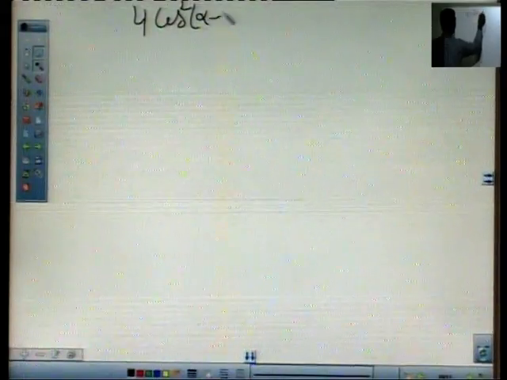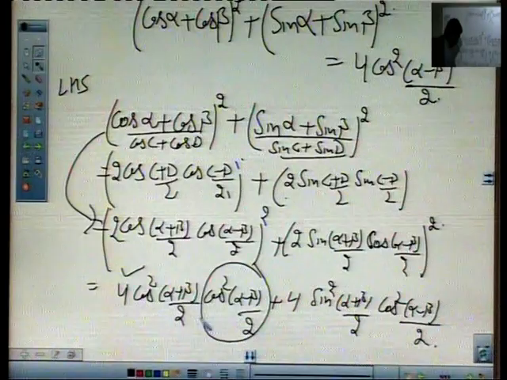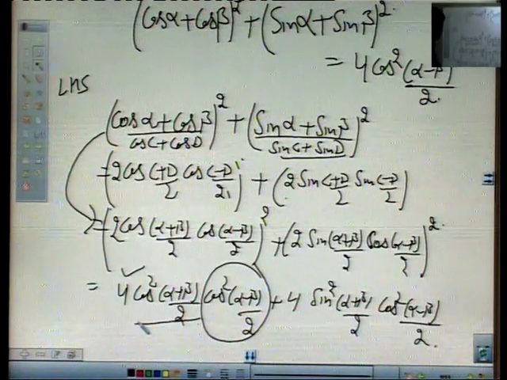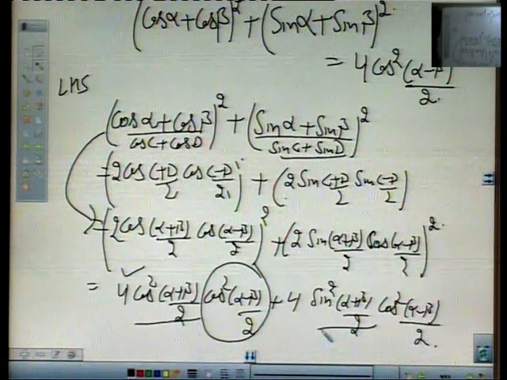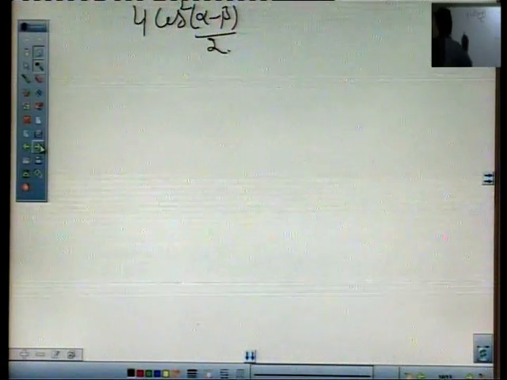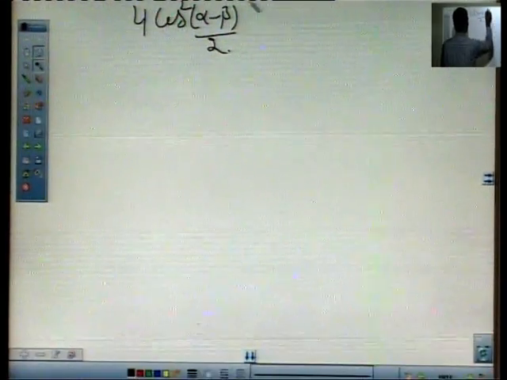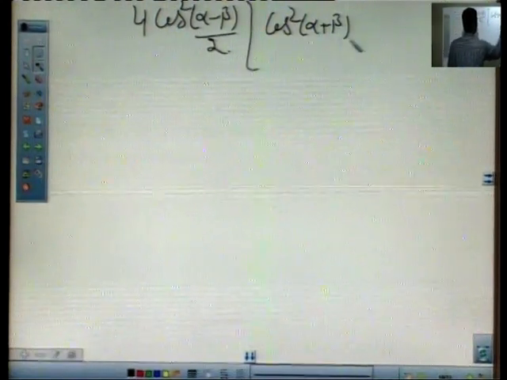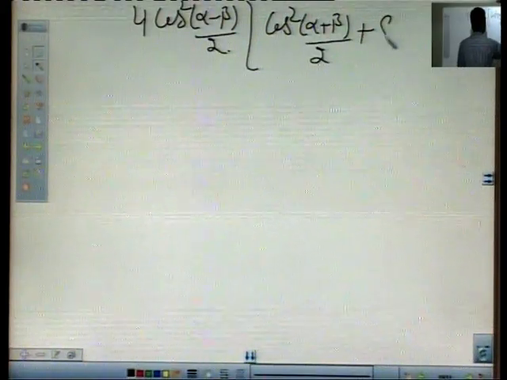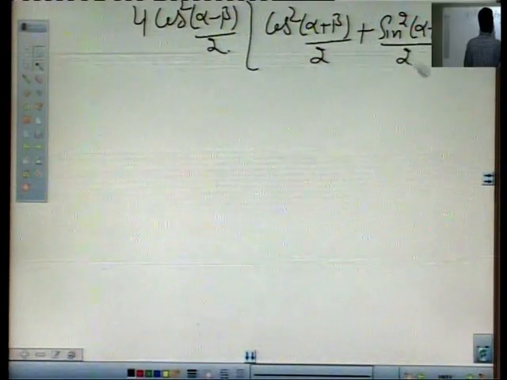It is 4 cos square alpha minus beta by 2 times cos square alpha plus beta by 2 plus sin square alpha plus beta by 2.